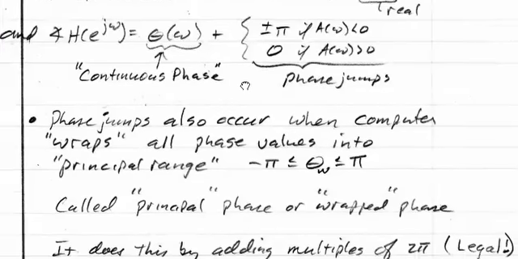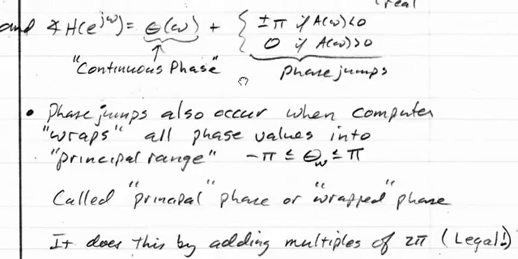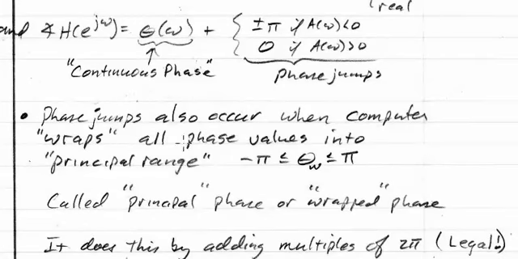So every now and then, whenever A goes negative, we might pick up a plus or minus pi in the phase diagram. We can also get phase jumps when the computer decides on its own to wrap the phase values to keep them inside the principal range. Your calculator does this as well. When you calculate a phase, it's always going to give you a result between minus pi and plus pi, or minus 180 and plus 180.